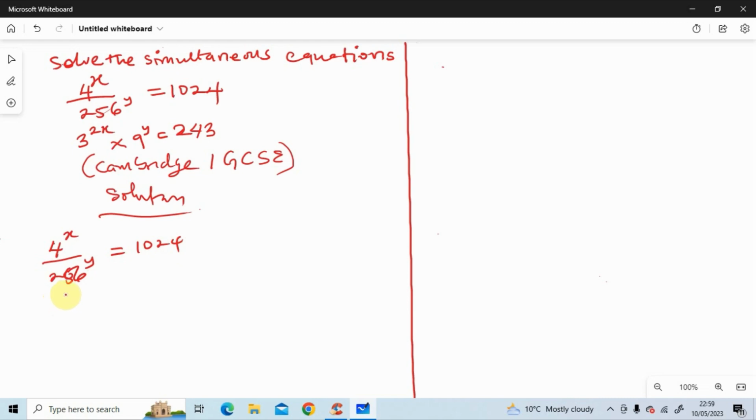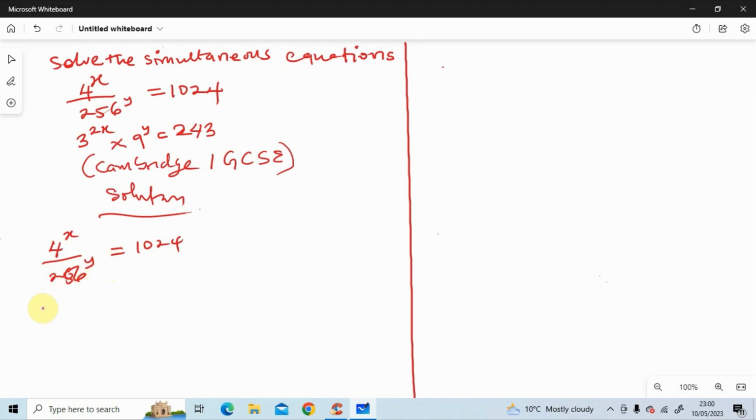Because these are exponential functions, I need to make 256 have the same base as 4, and also 1024. In a nutshell, I'm going to make everything here have 4 as a base in order to simplify.